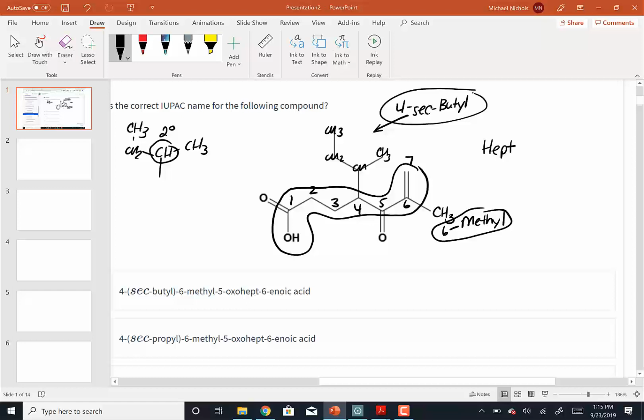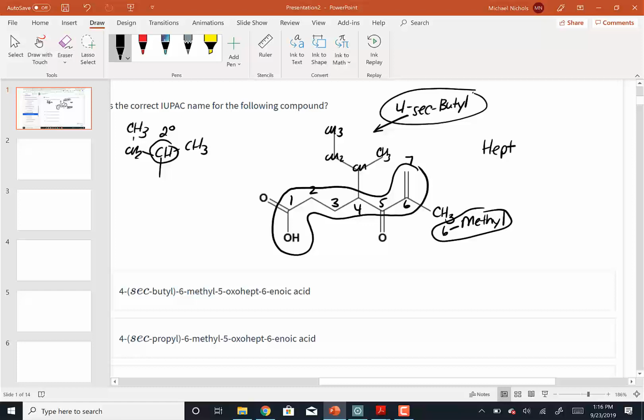Notice I have to be specific about this. You don't look at the parent chain. I'm only looking at the group not attached to the parent chain, because the first thing you would say is, but with the parent chain attached, it has 3 carbons. I know, I cannot cover up the parent chain.